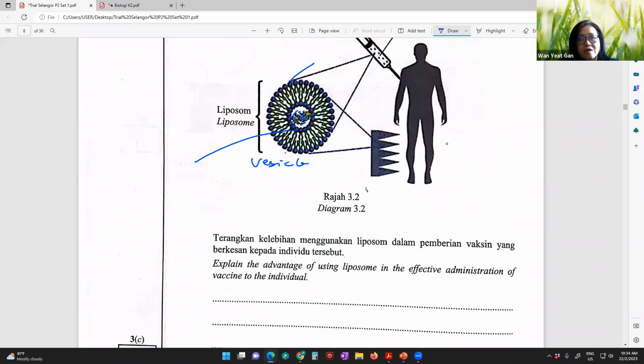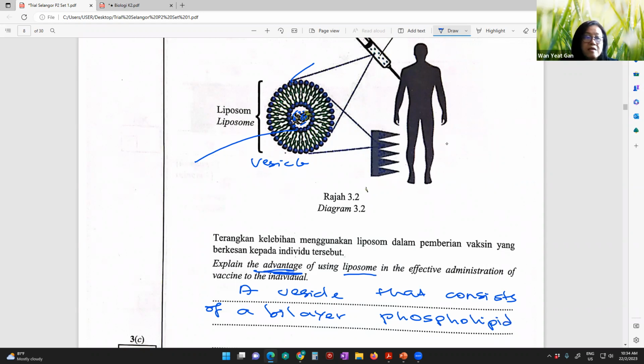They ask what is the advantage of using liposome. So liposome here is a vesicle that consists of a bilayer phospholipid.